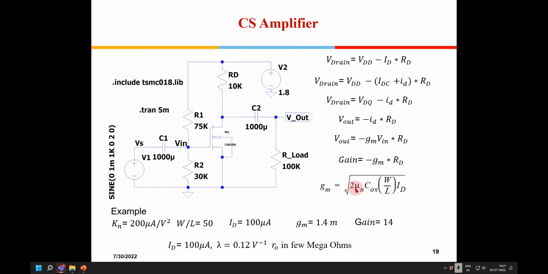For these typical values, gm could be 1.4 milli, and RD is 10K, so I can get a gain of around 14. So my small voltage signal will get amplified 14 times here. Is it okay with all of you?